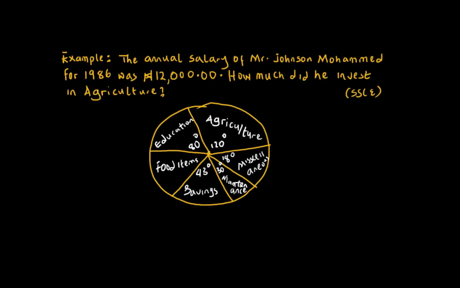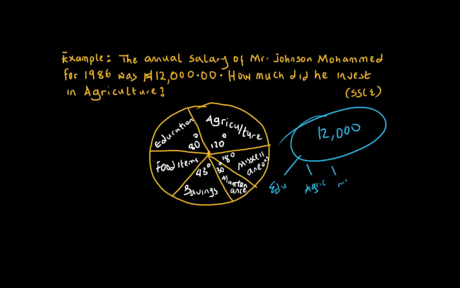Now, before we solve, I need you to picture something. The total salary of this man, Mr. Johnson, is 12,000. Now, he divided this money to various things like education, agriculture, miscellaneous, food item, savings, and then maintenance, and we have miscellaneous.